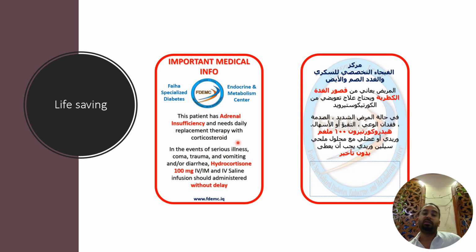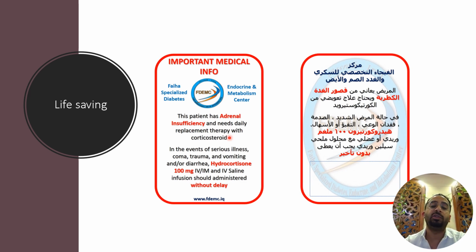This card can save the life of patients. When a patient is presented to the emergency department in a coma and no one knows the underlying diagnosis of hypopituitarism or other insufficiency, simply finding and reading such an important medical card showing the treatment that should be given in an emergency situation can save the life of the patient.